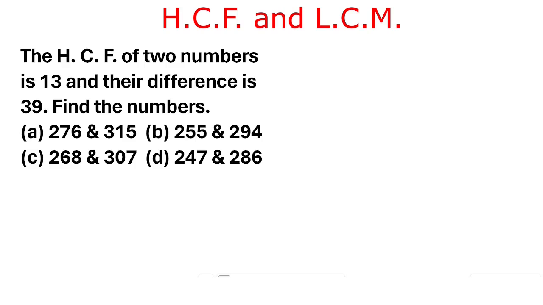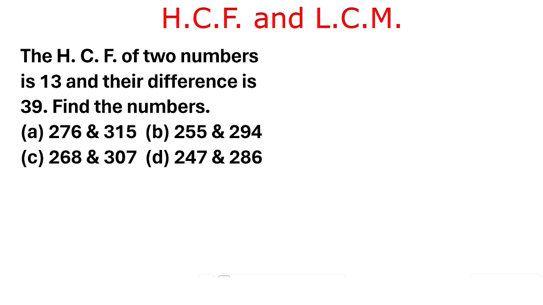In option B, 255 is not divisible by 13. In option C, 268 is not divisible by 13. And in option D, 247 is divisible by 13. So our answer must be option D, 247 and 286.